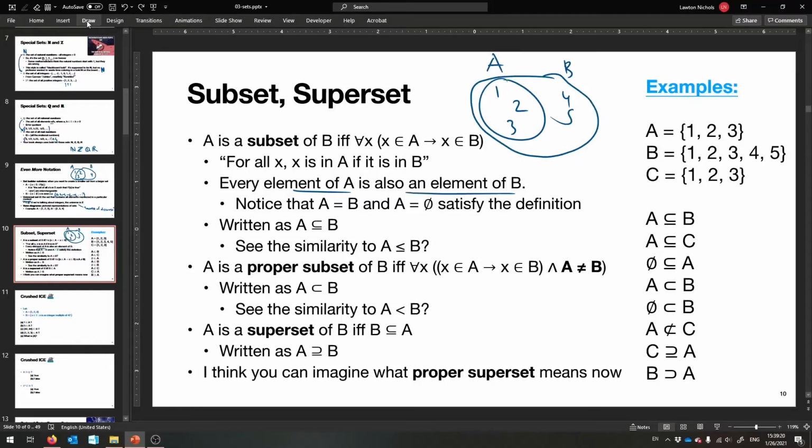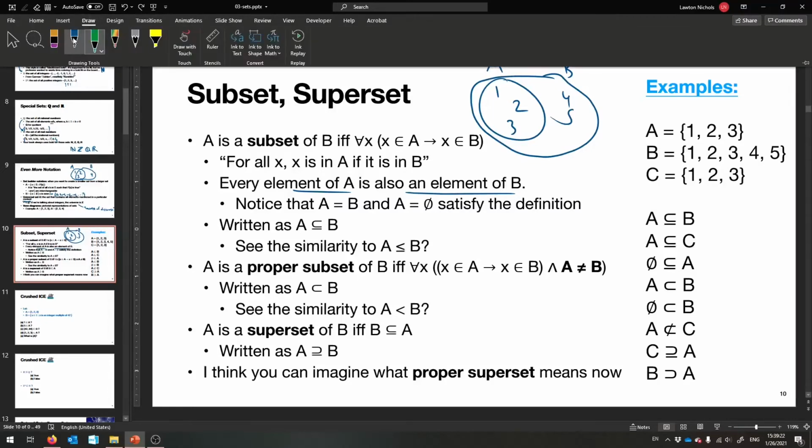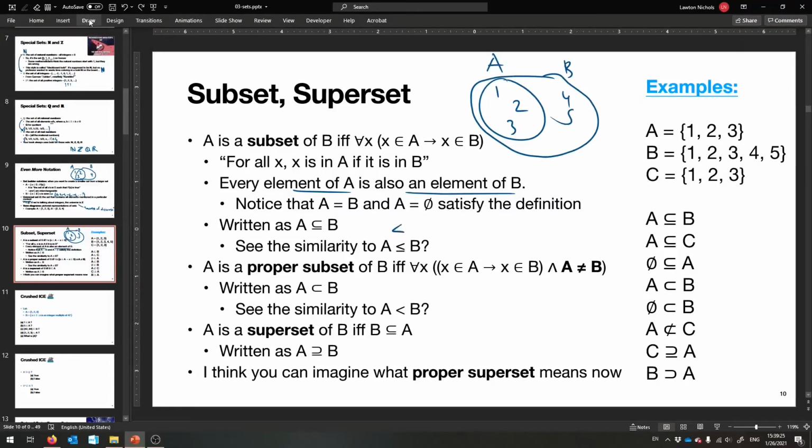So it's kind of like, if you think about sizes, it's kind of like less than or equal to. And it kind of looks like that as well. It's like you just kind of made it round instead of pointy. So we write subsets like this. A is a subset of B. It's very similar to less than or equal to. And you can think of it in terms of sizes. Like, yeah, A contains all the elements that B contains, maybe a few less.